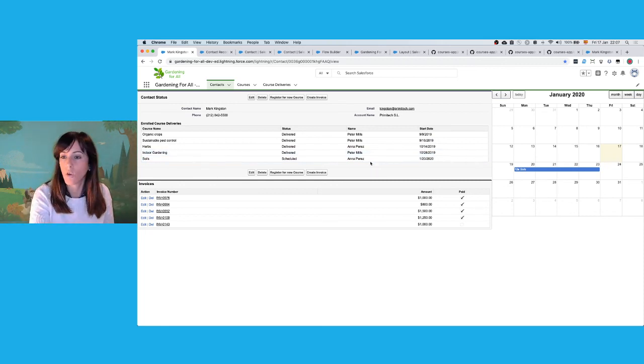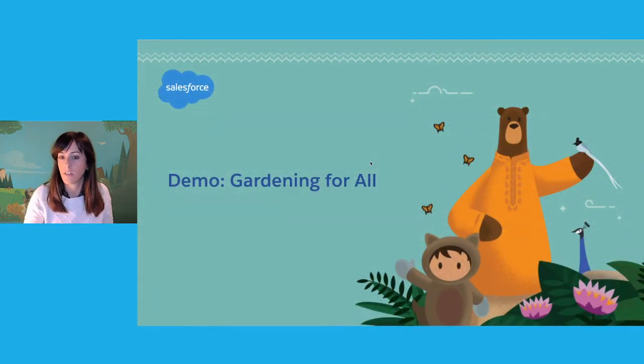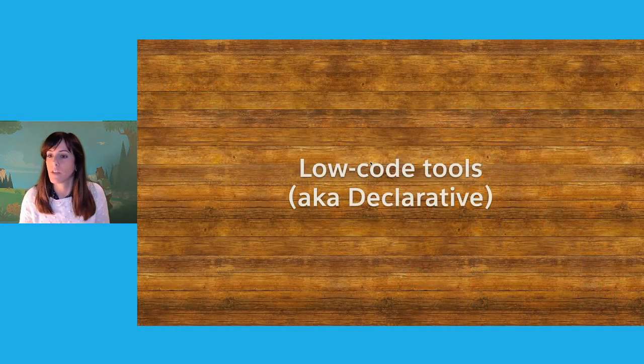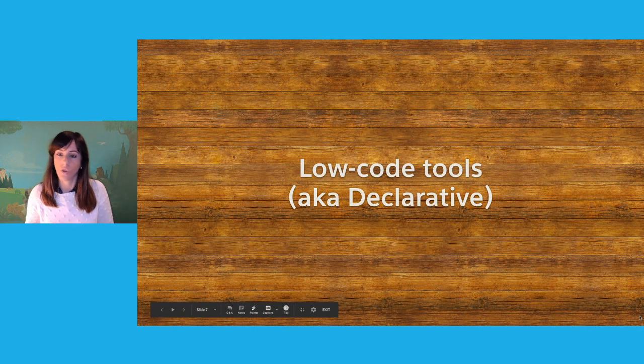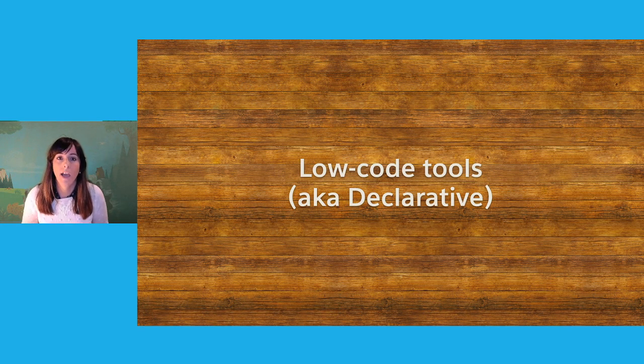So let me go back to the presentation. And here we are going to start talking about the low-code tools, which I normally say declarative tools because this is the naming that we have employed in the past, but now we prefer to call those tools low-code tools.